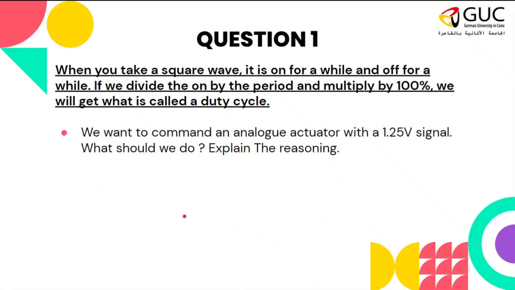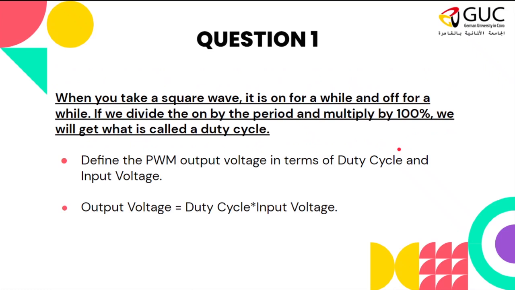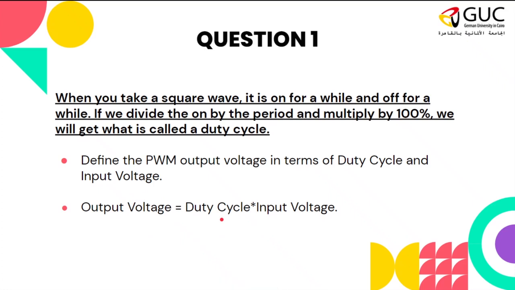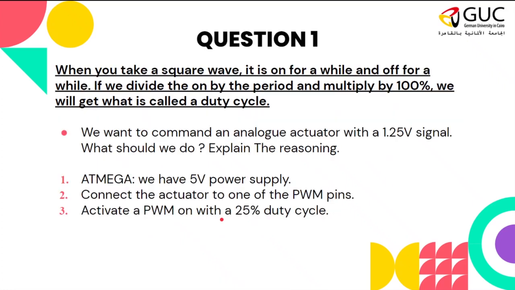Here we have the expected output, which is 1.25, and we know that we have 5 volts in the Atmega, so we will just substitute in this equation. Here we will write the input voltage, 5, and here we will type 1.25, and then divided by 5 we will have 0.25, which is the duty cycle.